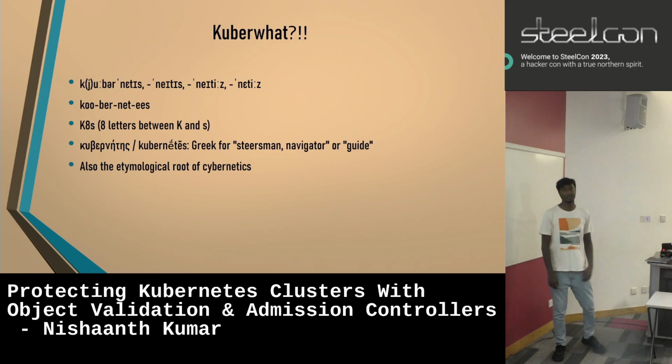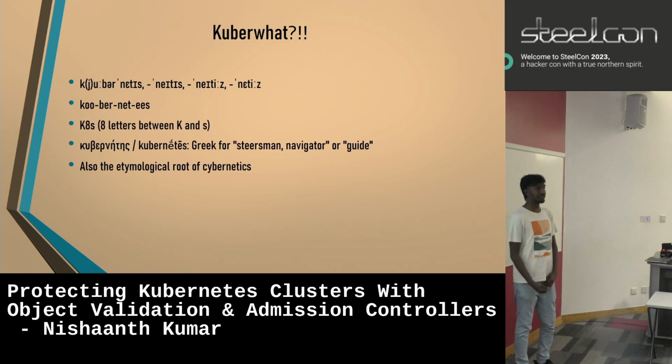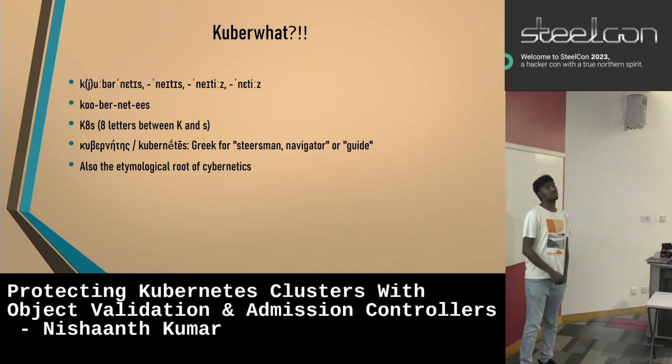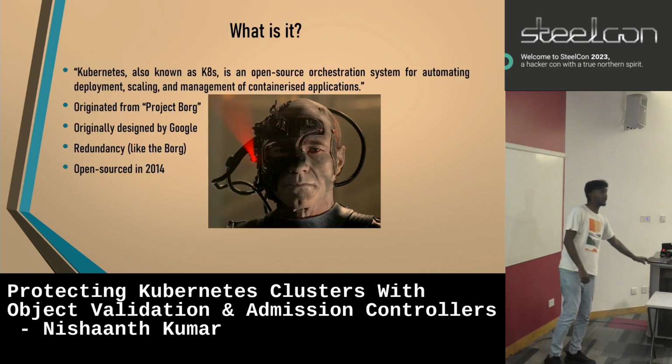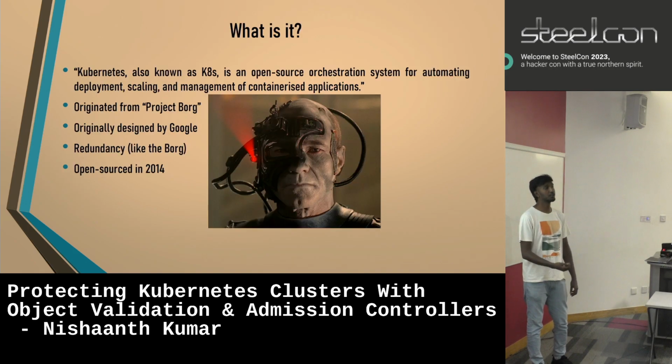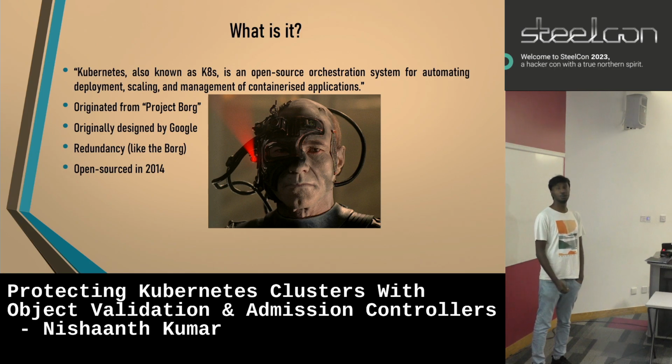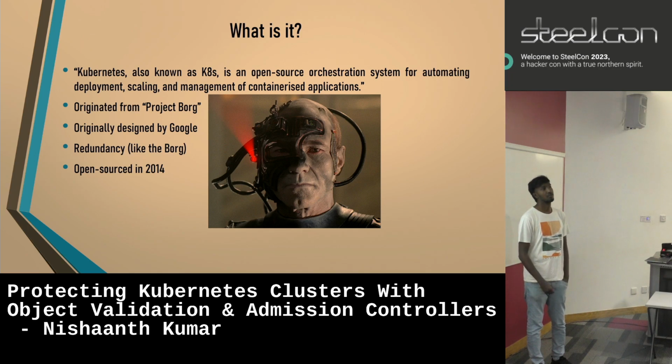So basically Kubernetes means navigator in Greek, and it was developed by Google some 10-15 years back, and the previous project name for Kubernetes was Project Borg, and also some of the principles and names which come in Kubernetes are heavily taken from the TV show Star Trek.